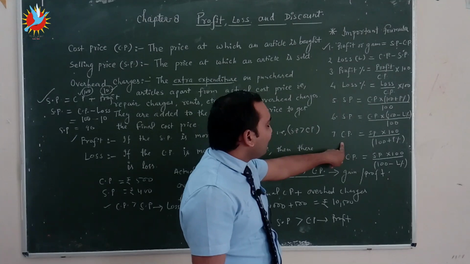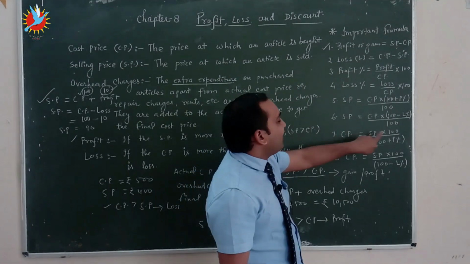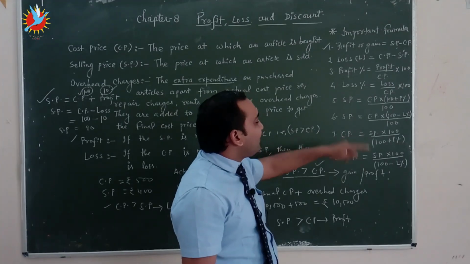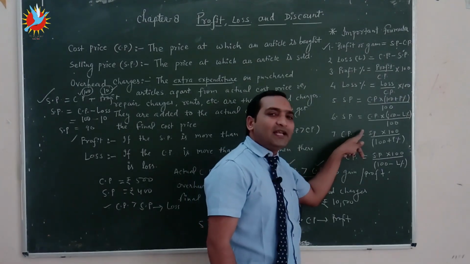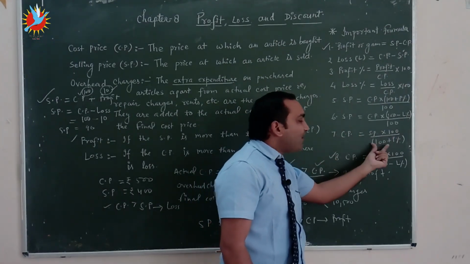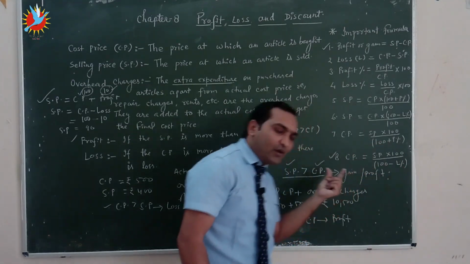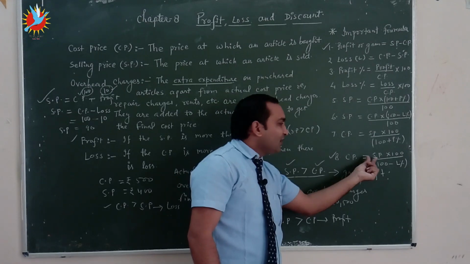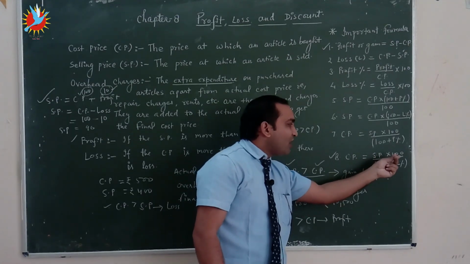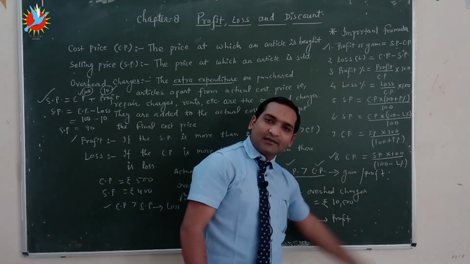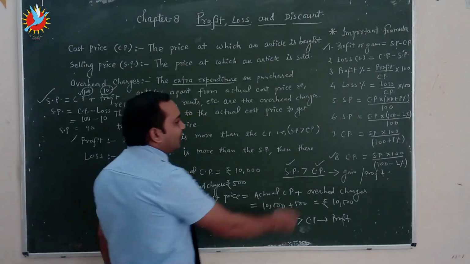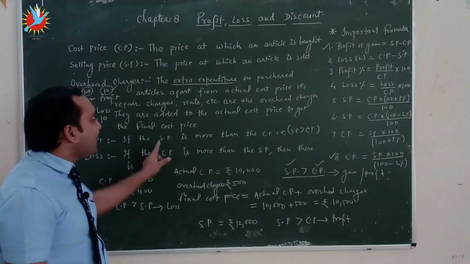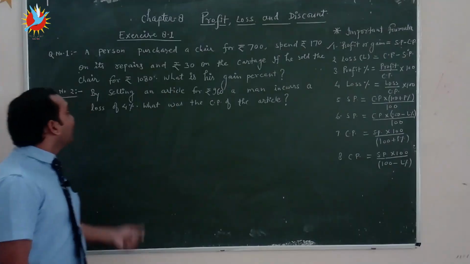When the selling price is given and profit percent is given, we can calculate the cost price as selling price into 100 upon 100 plus profit percent. Similarly, cost price is equal to selling price into 100 upon 100 minus loss percent. So we use these formulas 1 to 8 and solve exercise 8.1.